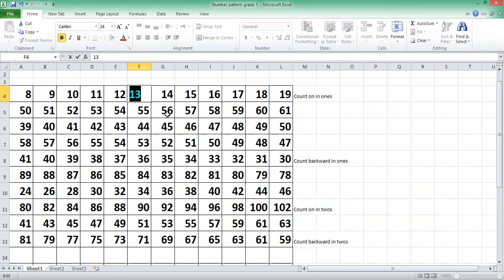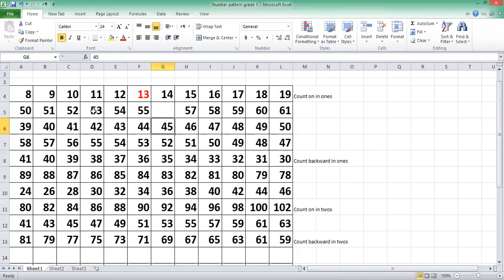Now, look at this pattern, guys. 50, 51, 52, 53, 54, 55, 56. Again, this data is arranged from smallest to largest. You are simply counting in ones. So if I remove one of these, you can also tell me the answer.